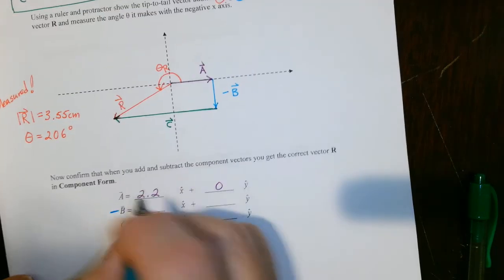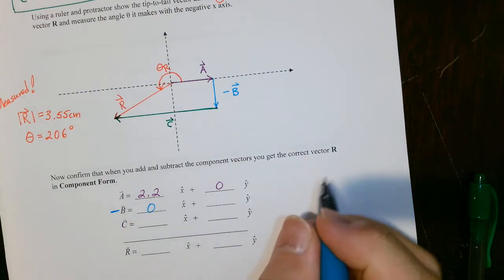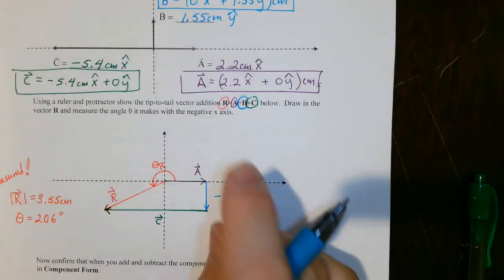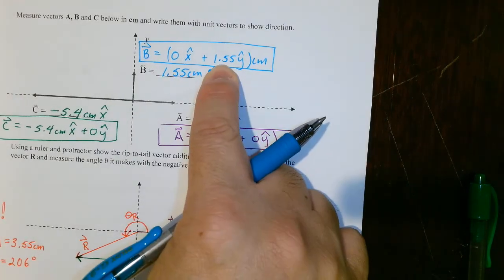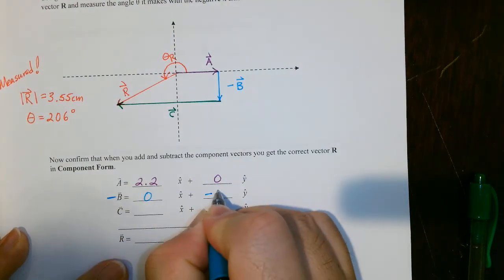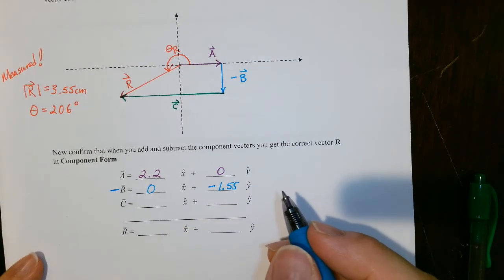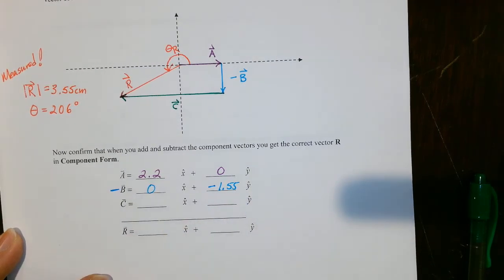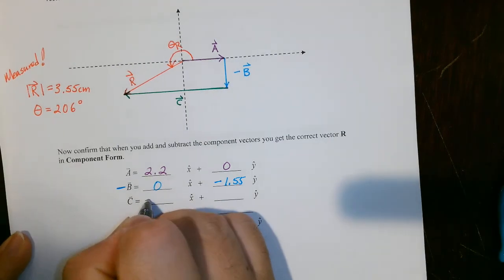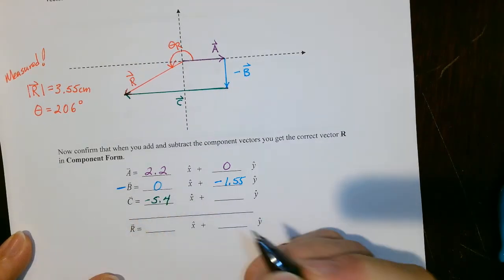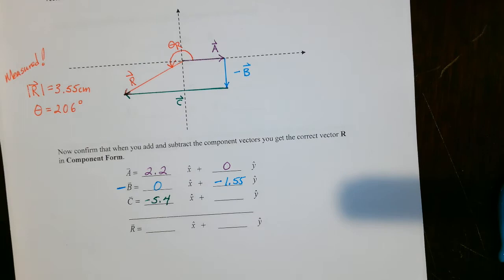So it's going to be 0 x hat, because negative 0 is still 0. And then instead of positive 1.55, I'm going to make it negative 1.55 y hat. And my C vector is negative 5.4. Charlie, you have a question?